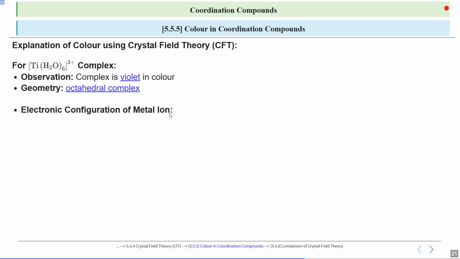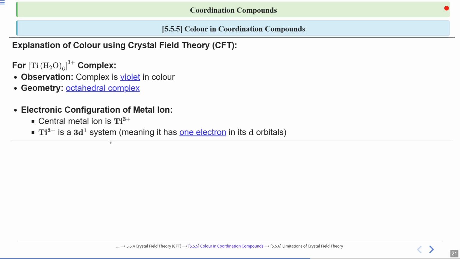Electronic configuration of the central metal ion: titanium is in the 3 positive oxidation state, so its configuration will be 3d1. It is a 3d1 system, meaning it has only one electron in its d orbital.